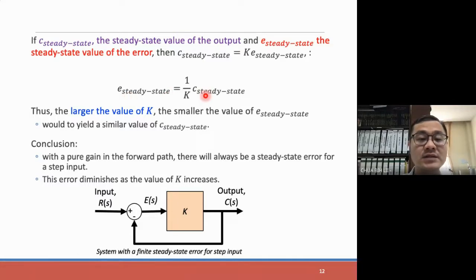That is how they are related. So in order to reduce the steady state error, we intend to increase the gain of the system. We use this knowledge to tune our system, such that we can remove the so-called errors in our system.